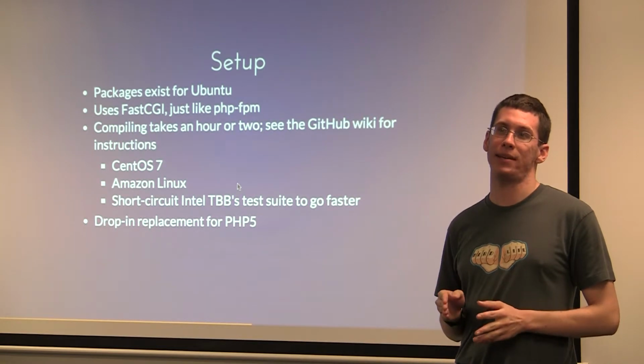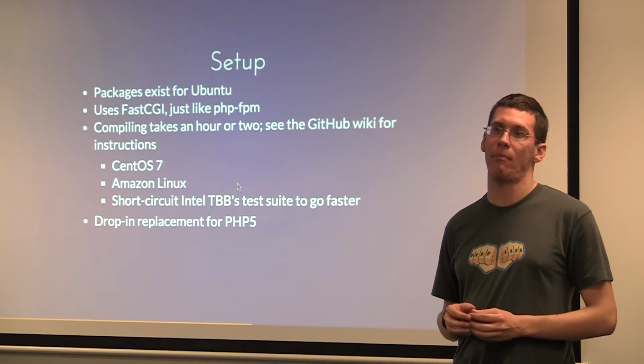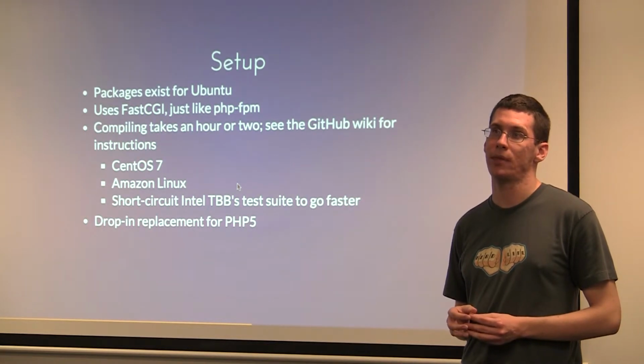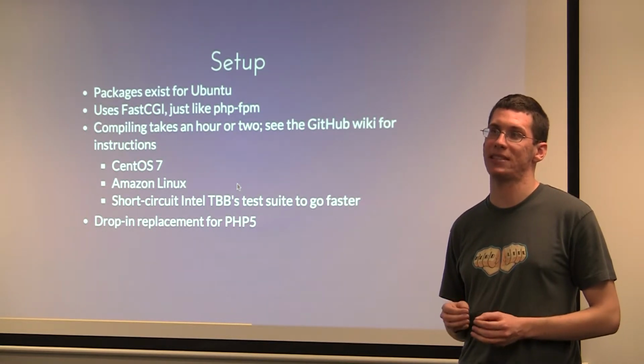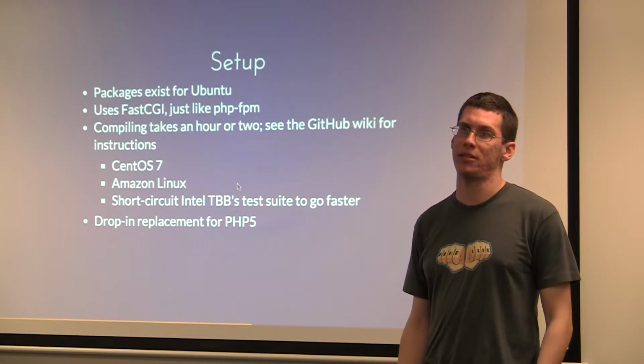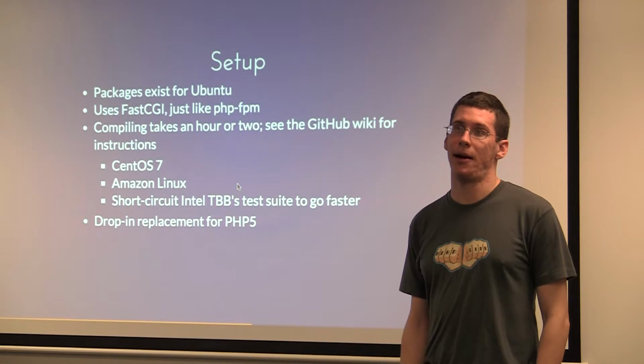The easiest way to get into HHVM at this point, barring, for example, going to Heroku or some other platform as a service that has HHVM built in, is pull down an Ubuntu machine.